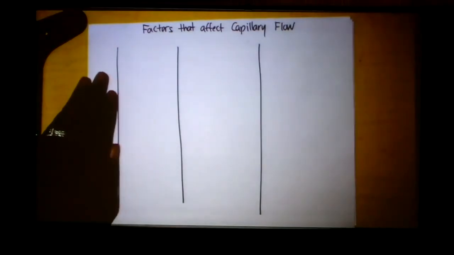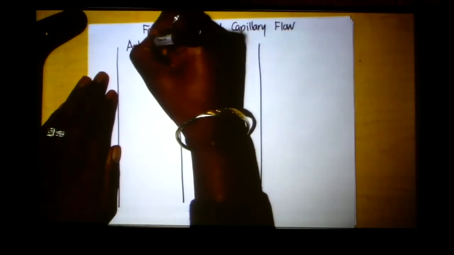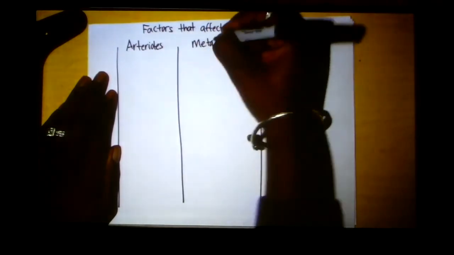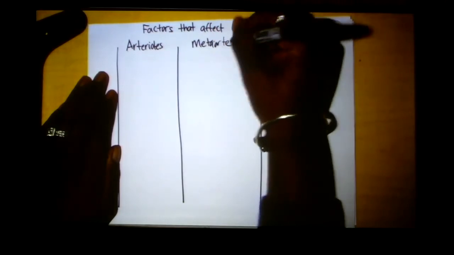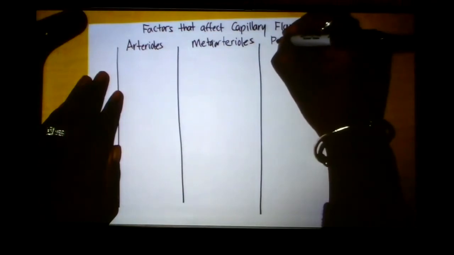The factors that affect capillary flow: arterioles, meta-arterioles, and precapillary sphincters.